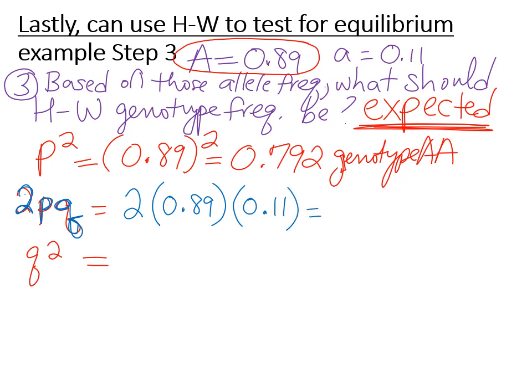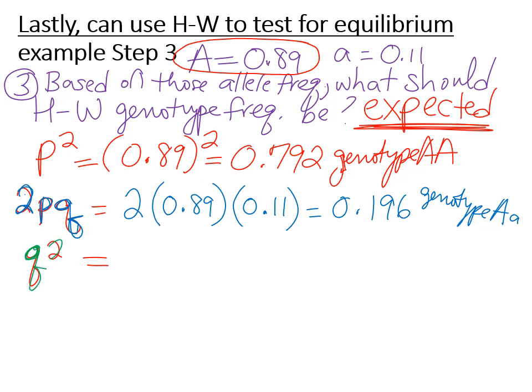And when you do 2 times the first allele times the second allele's frequency, you get 0.196 as the genotype capital A, lowercase a.